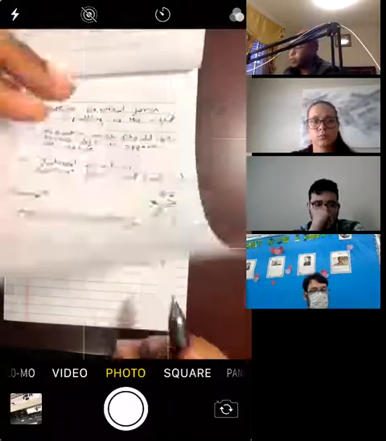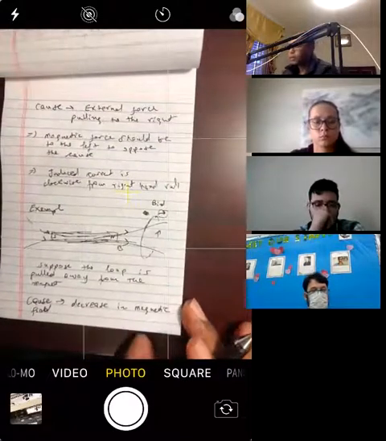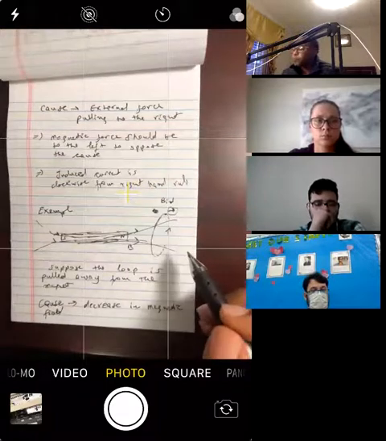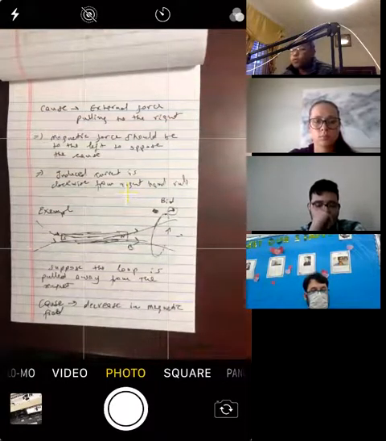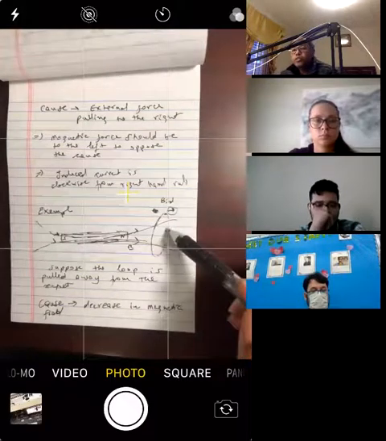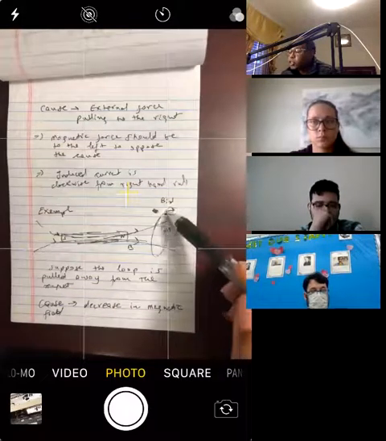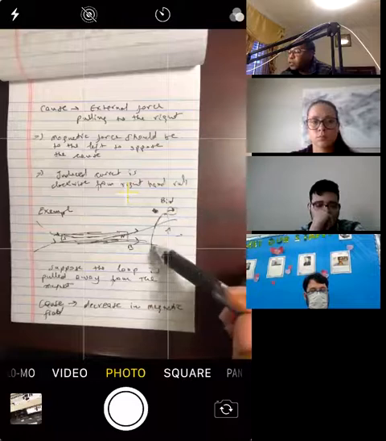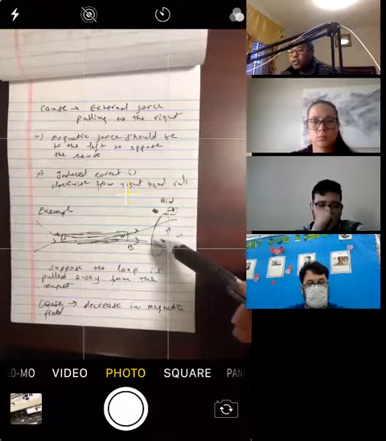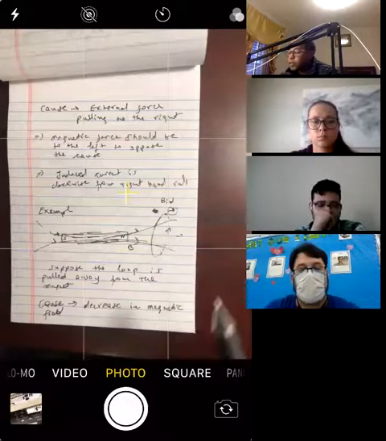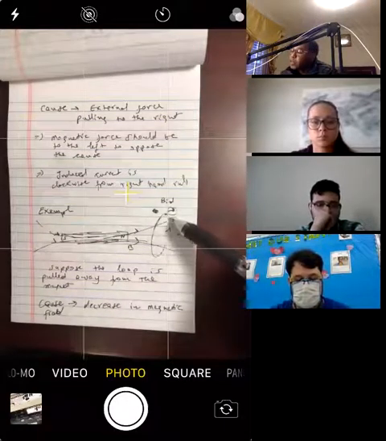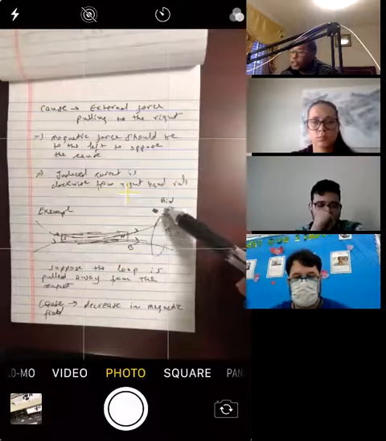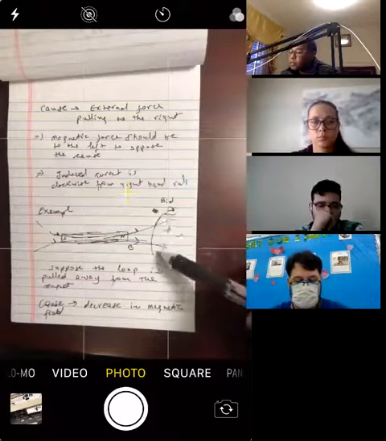All right, let me summarize. Now we have this loop, we're pulling it to the right. When pulled to the right, the strength of the field is decreasing. So what's causing the change in flux crossing this loop is a decrease in magnetic field. That's our cause. The change in flux will produce induced voltage and induced current in this loop.